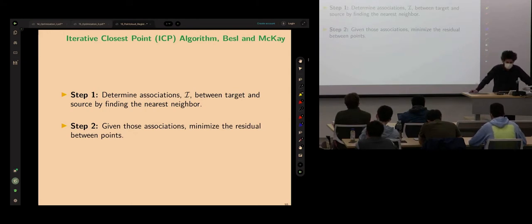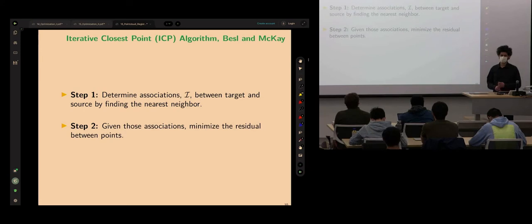The main idea is step 1, find the association between two sets of points. And step 2, given the associations, solve some sort of optimization problem to find the transformation. Now, the question for you is, why do we need to find the association?